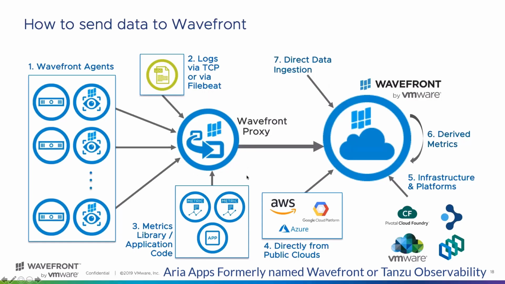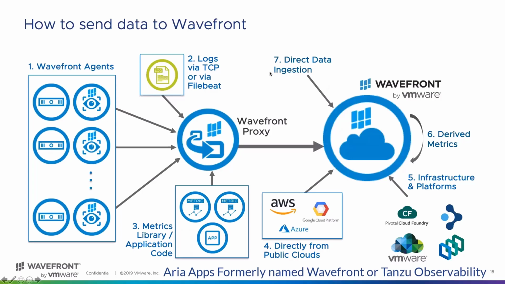It'll keep retrying and keep trying to send it, and so you won't have any data loss. When the network comes back, all the data that was queuing up will flow across to Wavefront, and you'll be able to see that data in your charts as if there was never any issue.